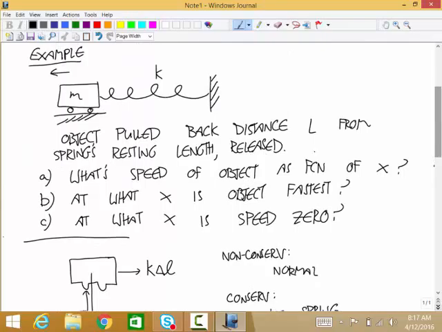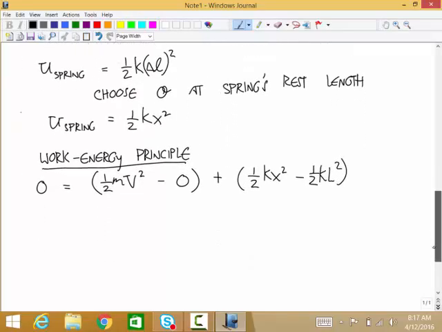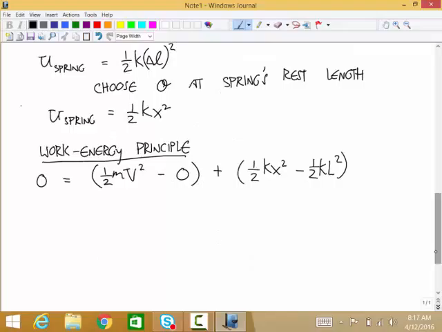We're pulling at a distance L, right? So at instant 1, delta L is capital L, so this is 1/2 K L squared. Everyone follow what I'm doing there?